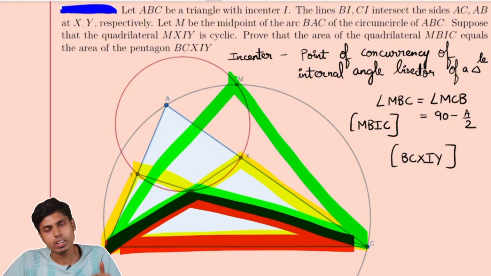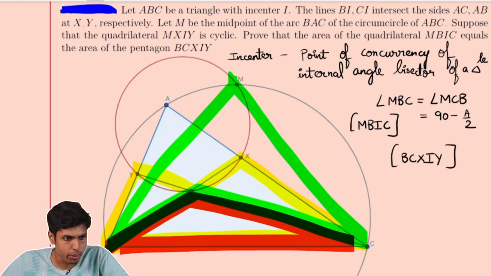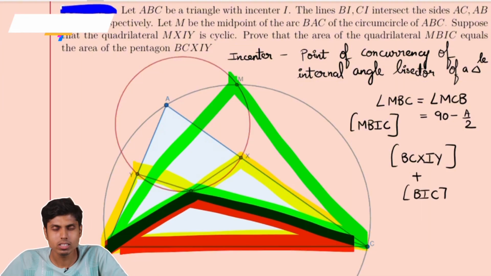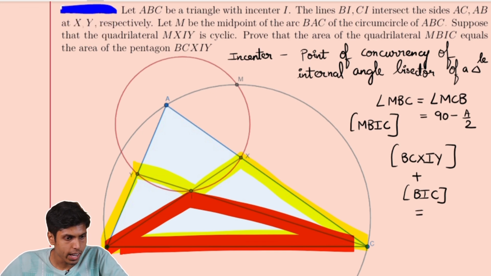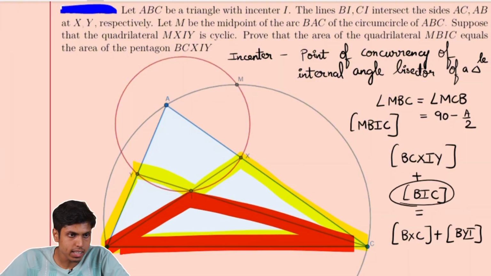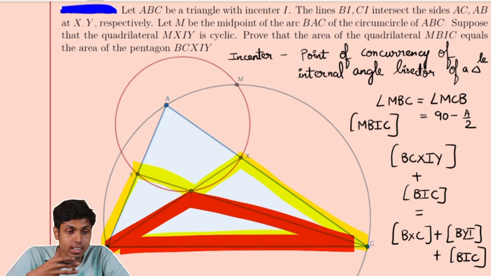That means let's try attaching BIC to both of these areas, one for the pentagon and the other for the quadrilateral. First, for the pentagon, if I attach BIC, would it render something useful? You see, BCXIY can be split into area of BXC plus area of BYI, and the BIC area will add on top of that, which we added intentionally.